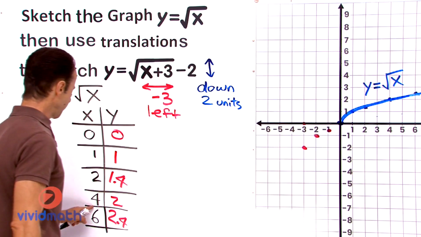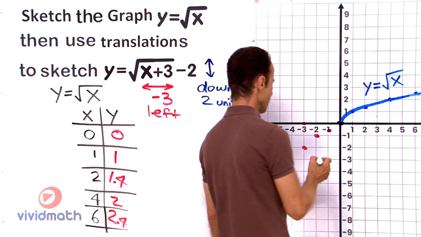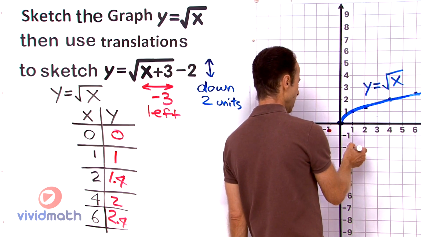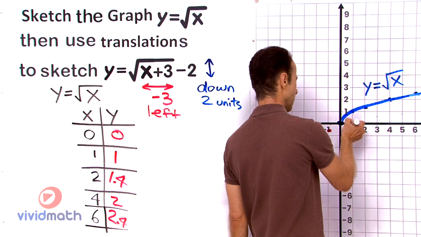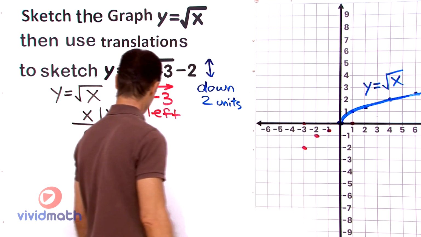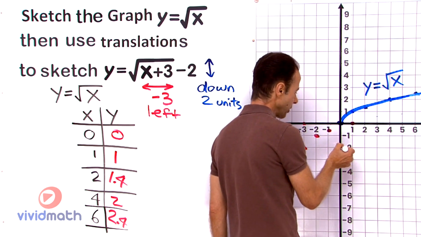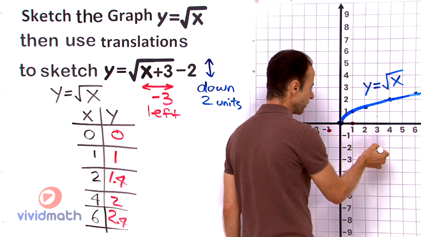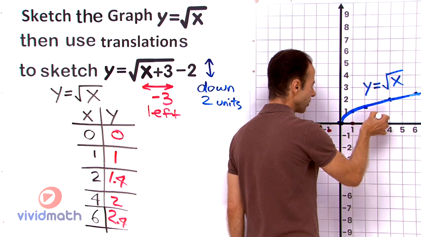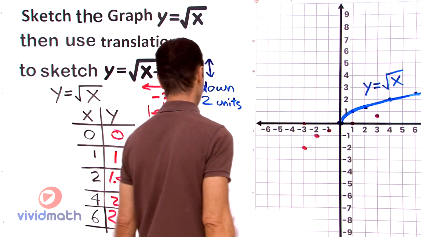Then we went across 4, up 2, that's right there. Then we went 6, 2.4. Across 6, up 2.4, right there. So it kind of looks like that.